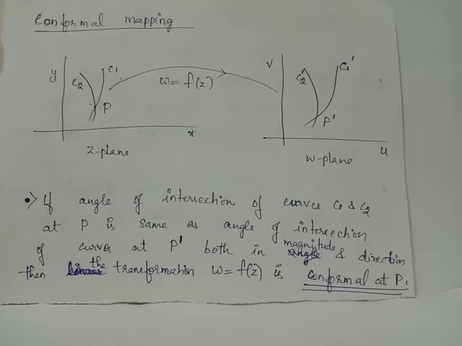Suppose that we have two curves C1 and C2 lying in the z plane and they intersect at point P. Suppose their images in the w plane are C1 dash and C2 dash, and these images intersect at point P dash.